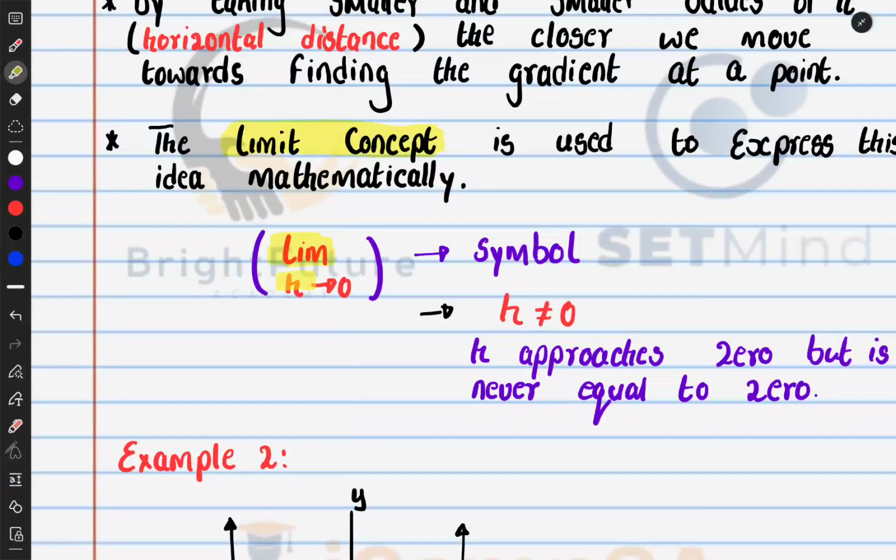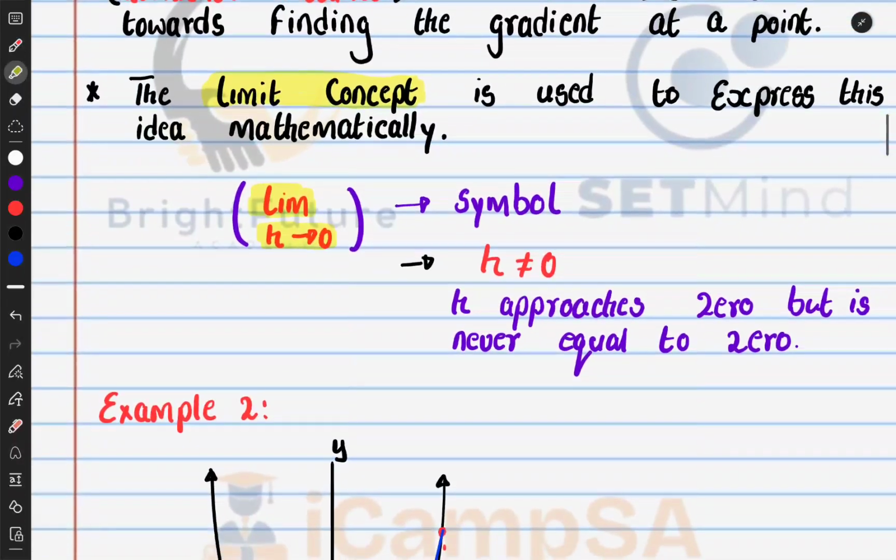So we have lim as h approaches 0, or the limit of a function as h approaches 0, and that h arrow 0 represents that h approaches 0, but h can never be equal to 0. Remember why? Because h in the original function was in the denominator. So if h becomes 0, then our function will be undefined.